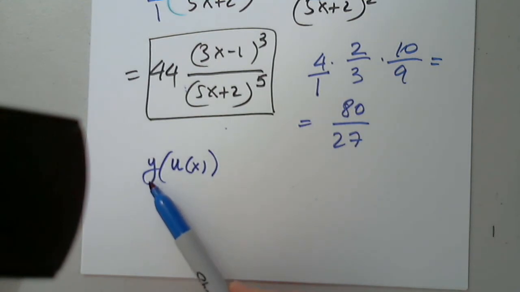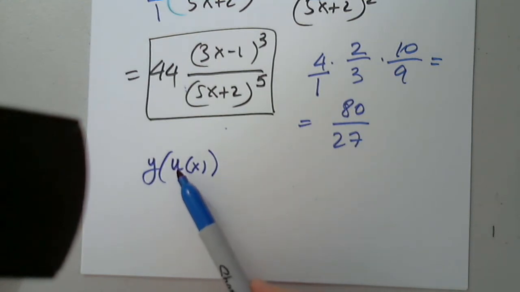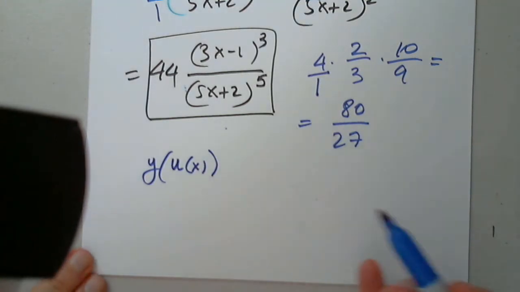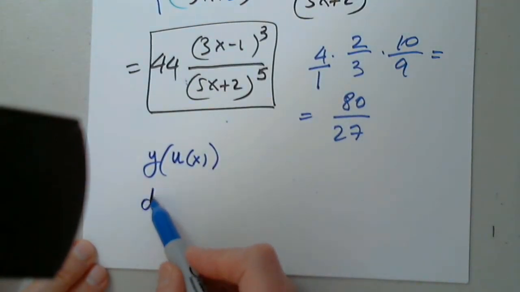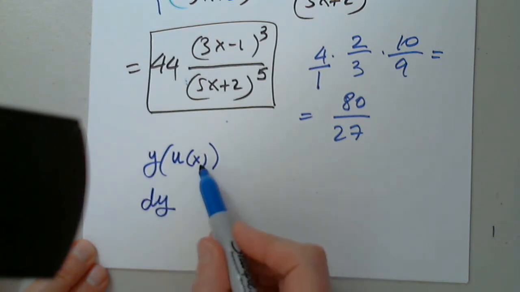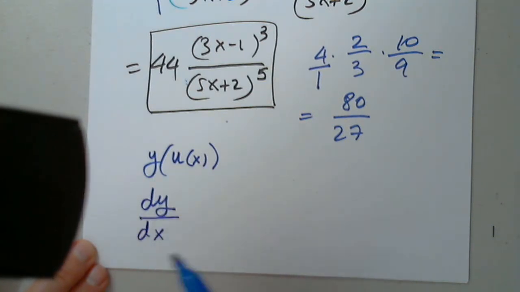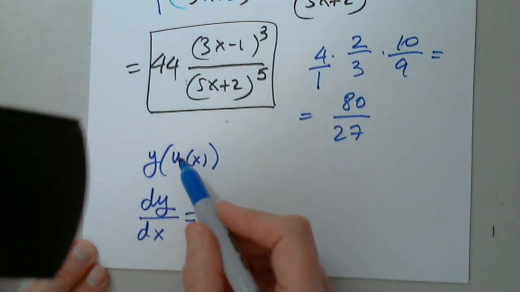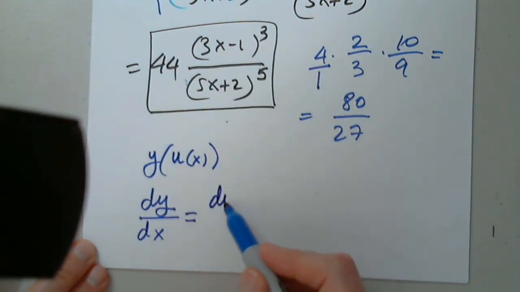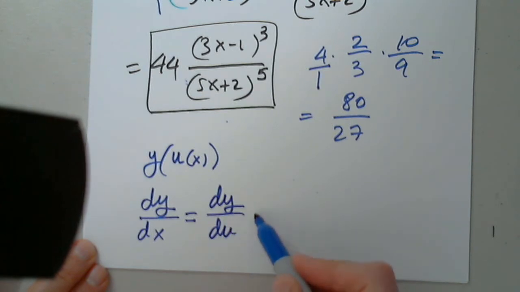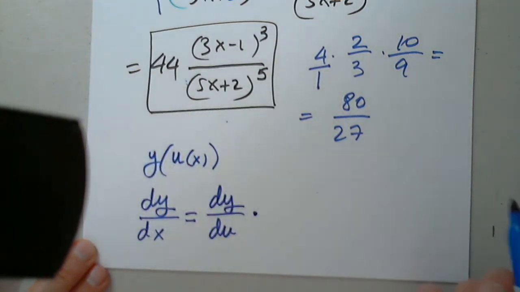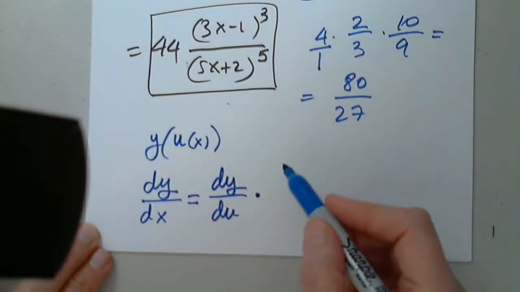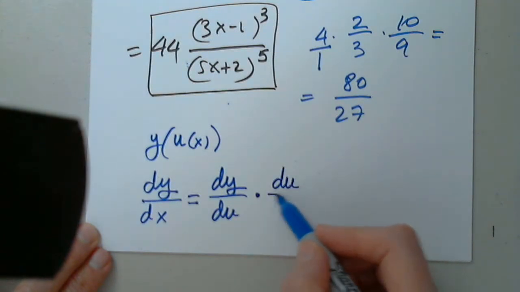So y is a function of u, and u is a function of x. So this is a different notation. If we want to differentiate y with respect to x, we have first to differentiate y with respect to u, and multiply by du over dx. I'll go back to the original chain rule in a minute.